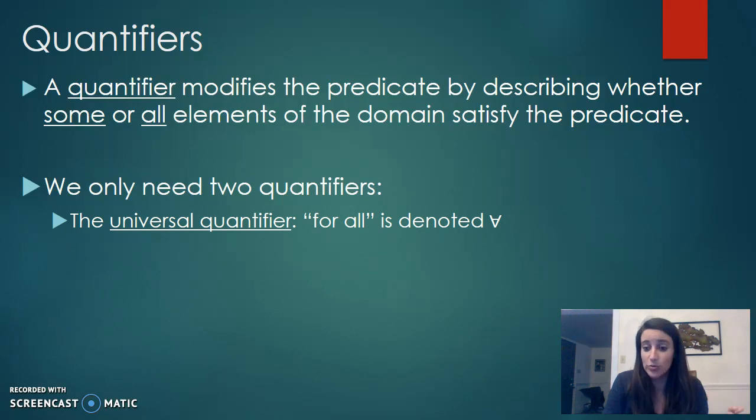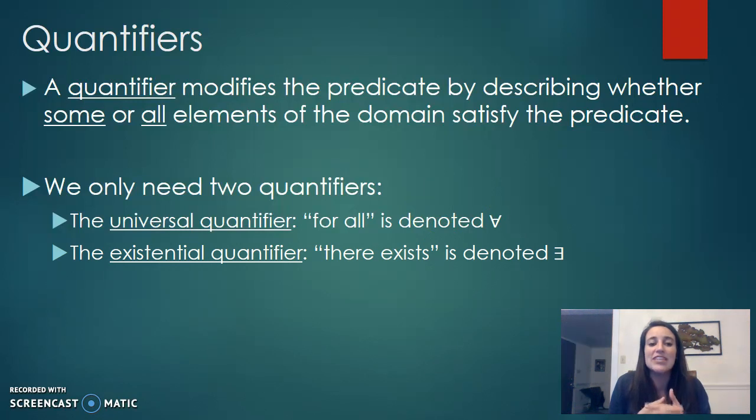We'll need one called the universal quantifier that translates to the phrase for all, and it's denoted by this upside down capital A. And we also have the existential quantifier, which translates to there exists, and it's denoted by this backwards capital E. So when you see the for all symbol, it says all elements of the domain satisfy the predicate. And when you see the backwards capital E, that implies that some elements of the domain satisfy the predicate.